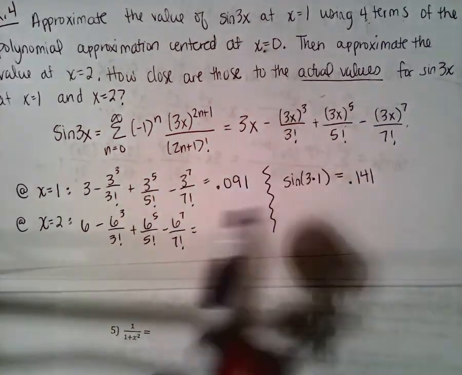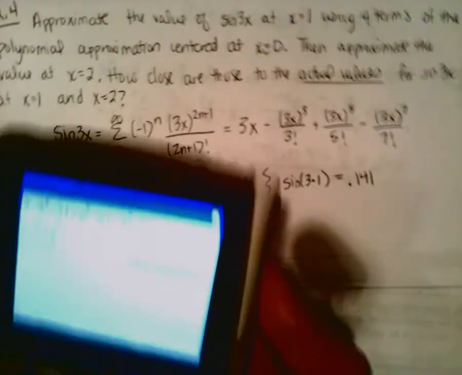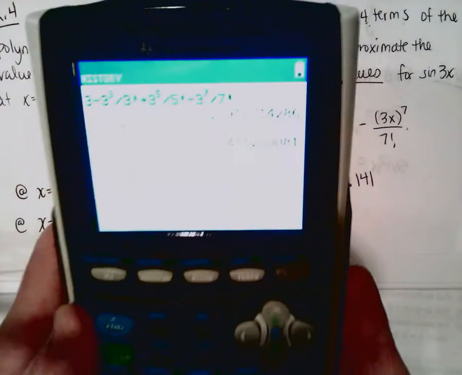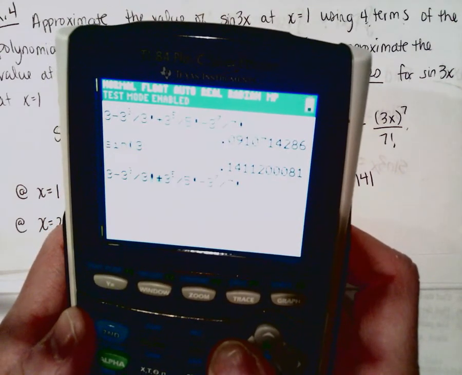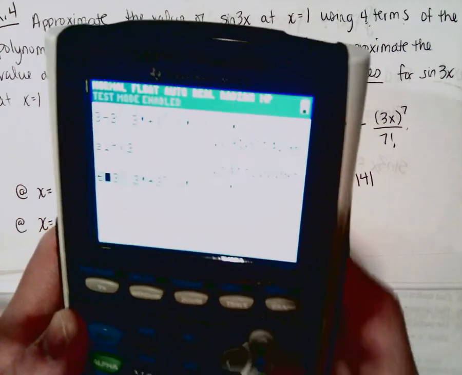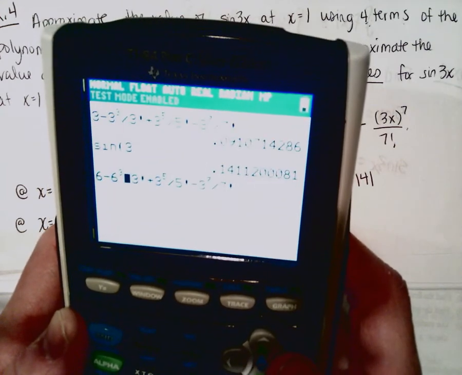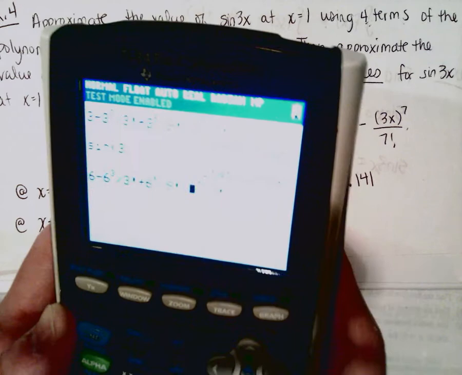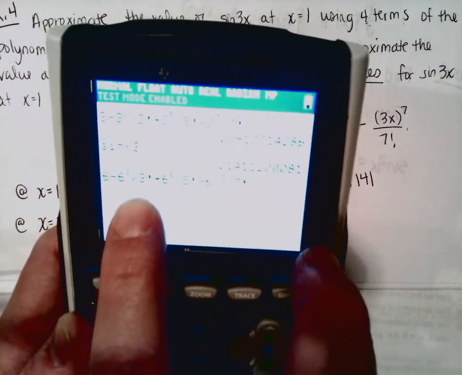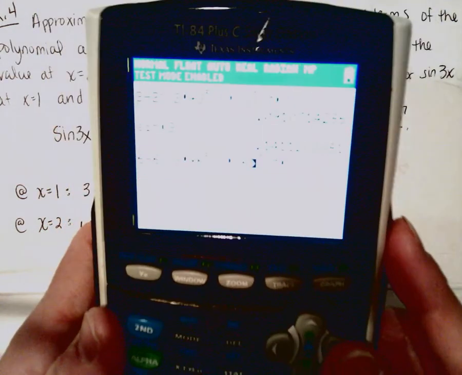So type that in our calculator. I'm just going to go up to my previous one and change all those 3's to 6's. 6, 6, 6, 6. Okay, be careful though. Don't change that 3 factorial on accident. So here's what you should have.